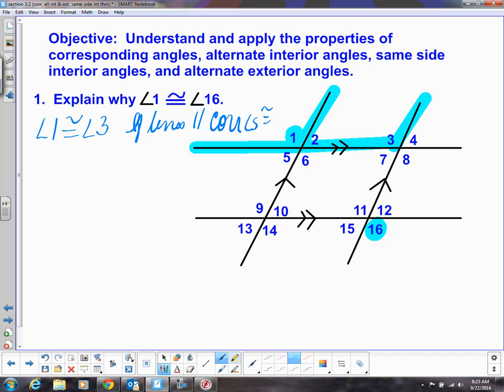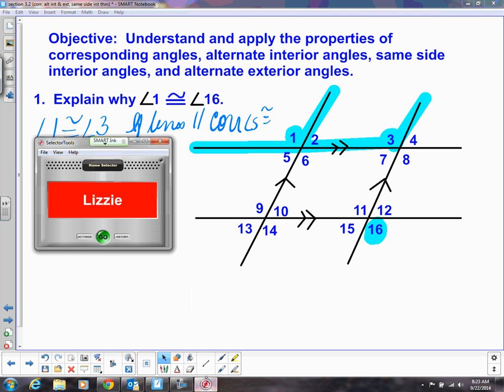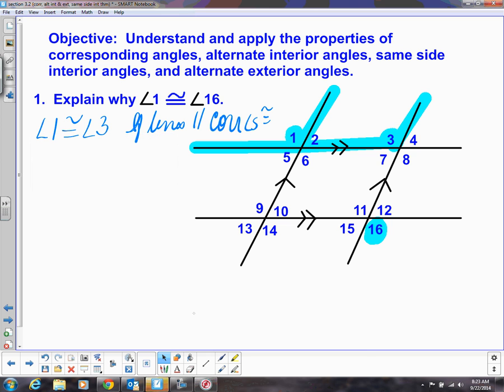All right, so now that puts us at 3. We need to move towards 16. So now we're moving down. Brittany, 3 is congruent to what? Which one? 10's way over here. So we have to stay along this transversal.